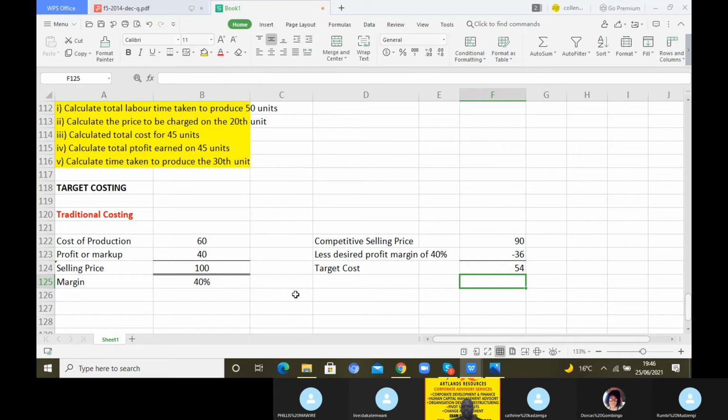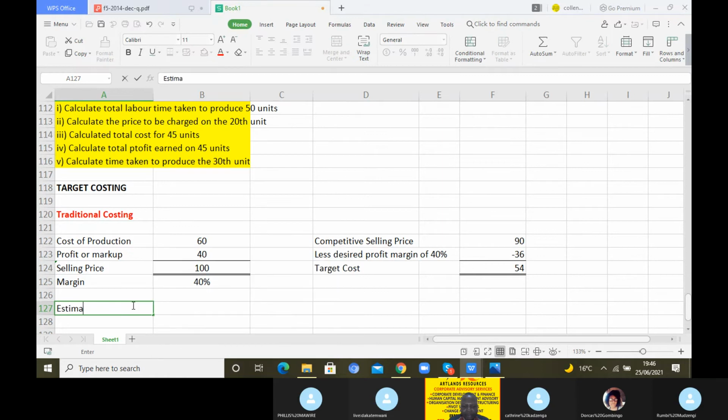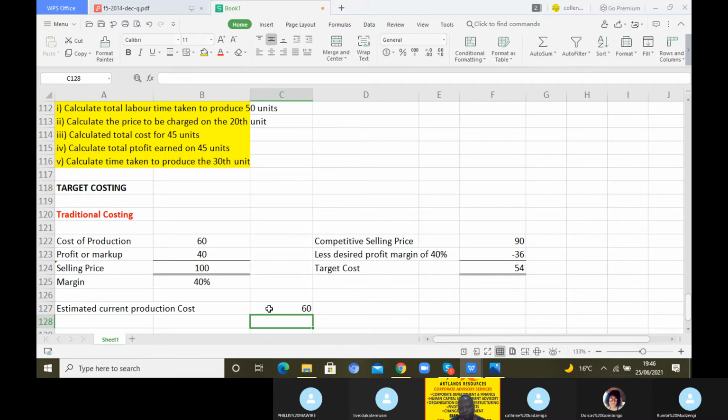So what am I doing? What I'm being forced to do now is to say estimated current production cost. If I'm to produce it with my current production cost, this is going to cost me 60.